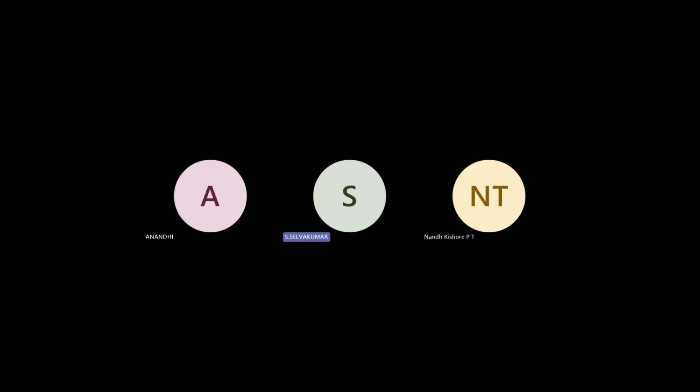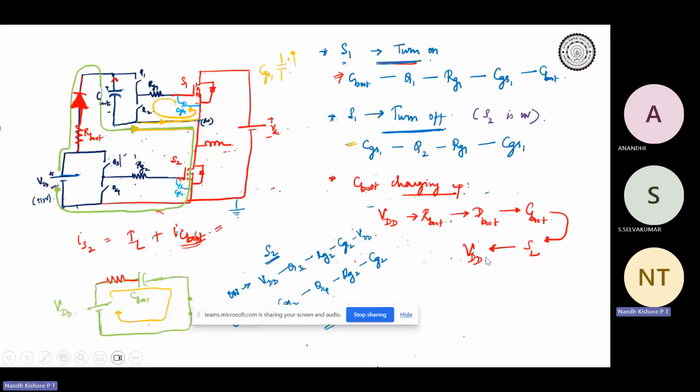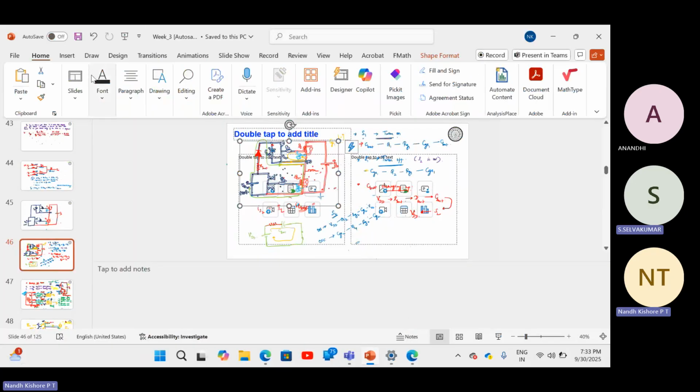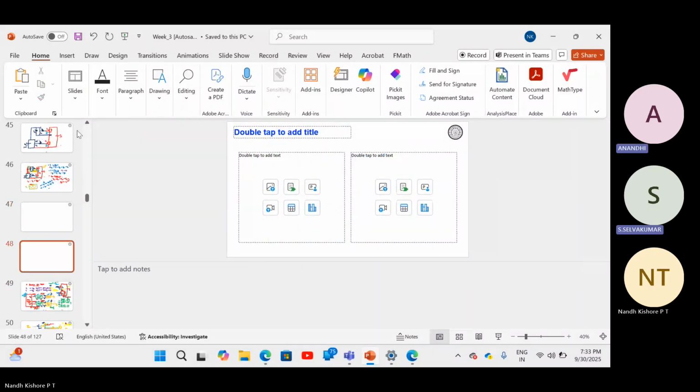So the value of the capacitor should be high. If S1 is on for a very long time, can you tell what will happen? Is there any problem? I have to select the capacitor accordingly. Correct.